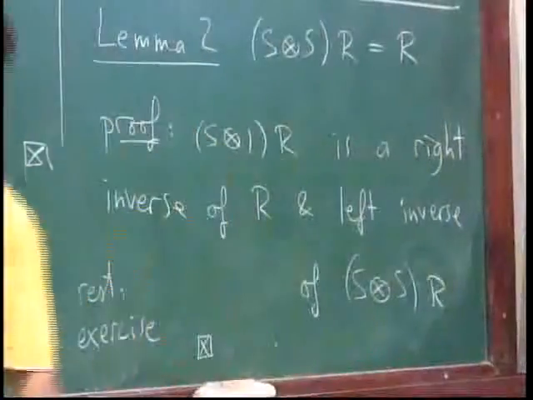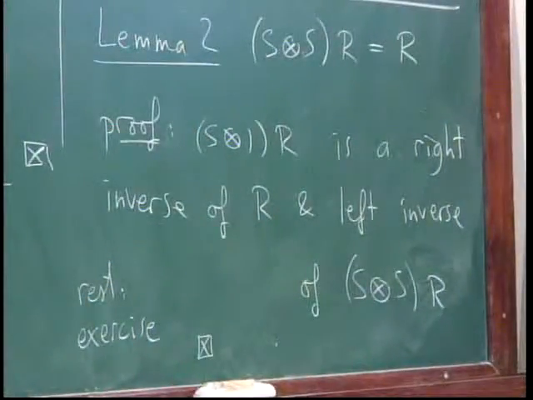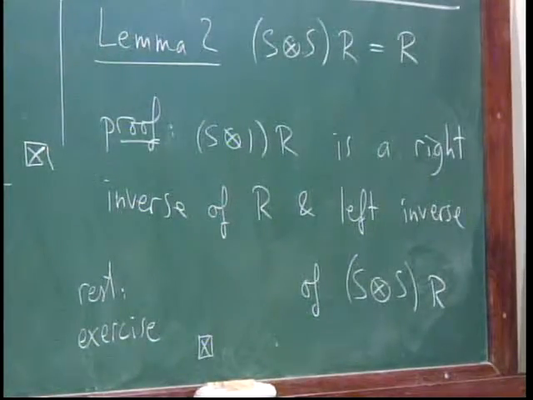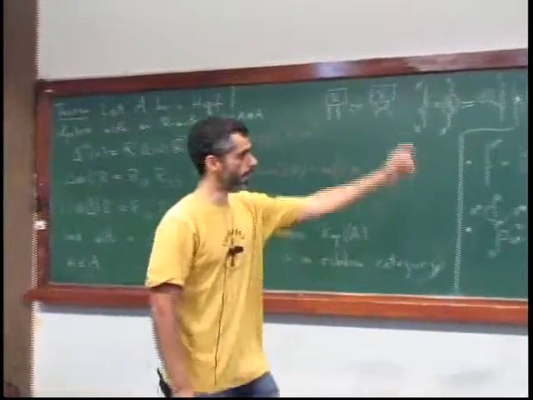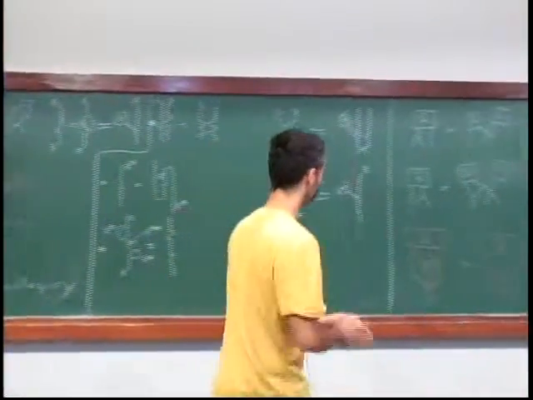I mean, you end up using this one. You can just do it. There's nothing difficult. Okay, so now let me go back to this theorem and prove the theorem. Now that I have these lemmas, I can just do it.